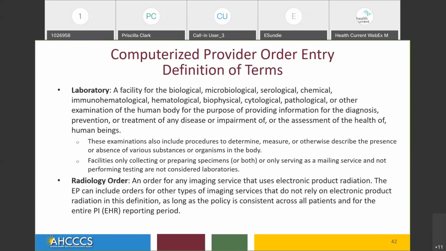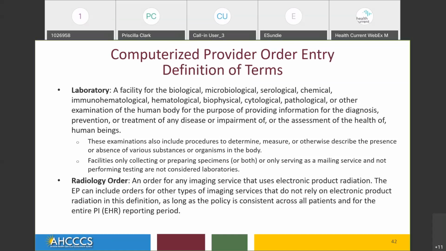These examinations also include procedures to determine, measure, or otherwise describe the presence or absence of various substances or organisms in the body. Facilities only collecting or preparing specimens, or both, or only serving as a mailing service and not performing testing are not considered laboratories.